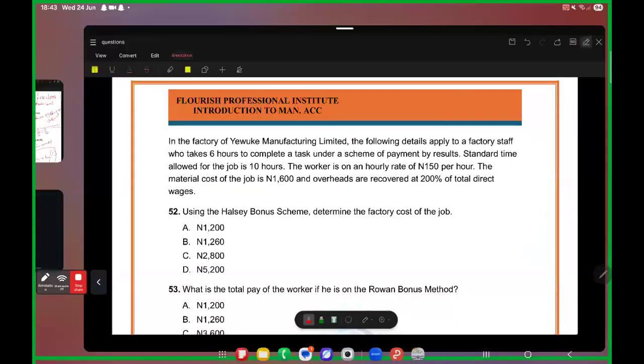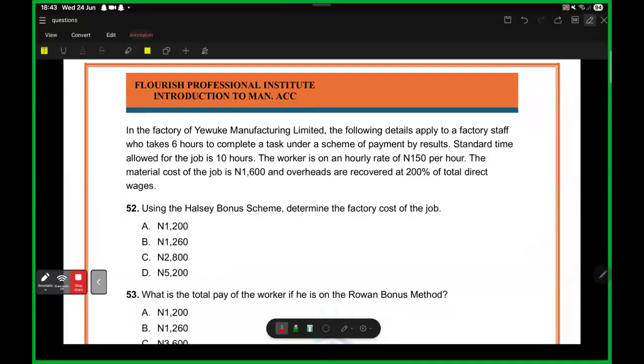In a factory of Yewuke Manufacturing Limited, the following details apply to a factory staff who takes 6 hours to complete a task under a scheme of payment by result.